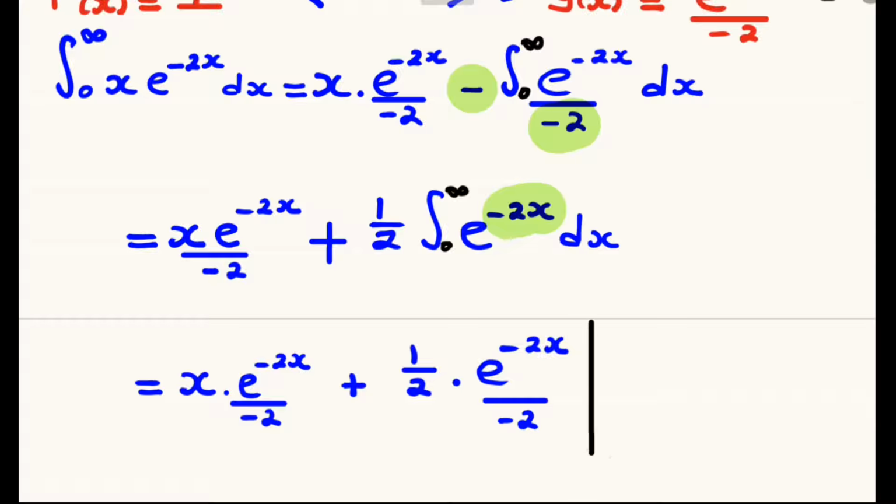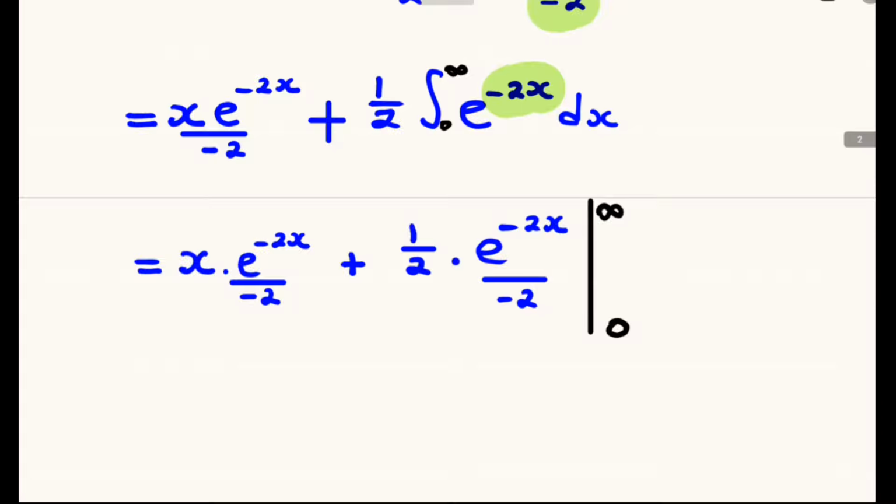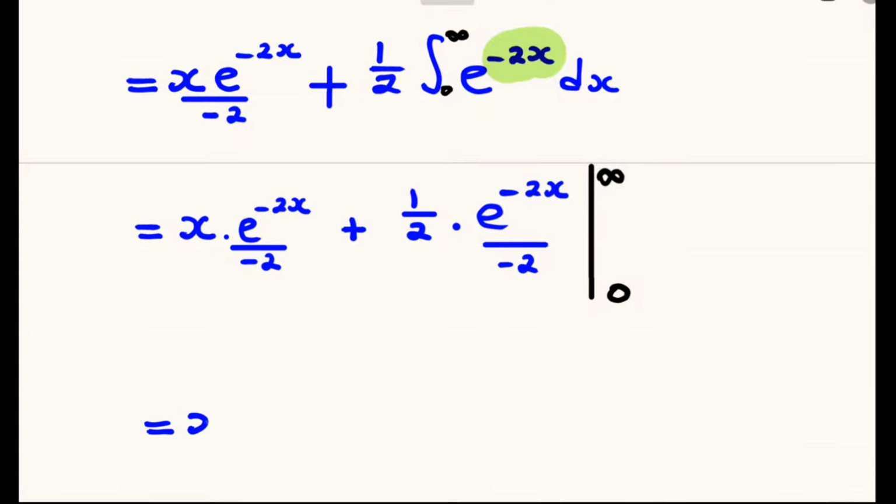Our integral is from 0 up until infinity. So let's simplify. This will be equal to x multiplied by e raised to the power negative 2x divided by negative 2.